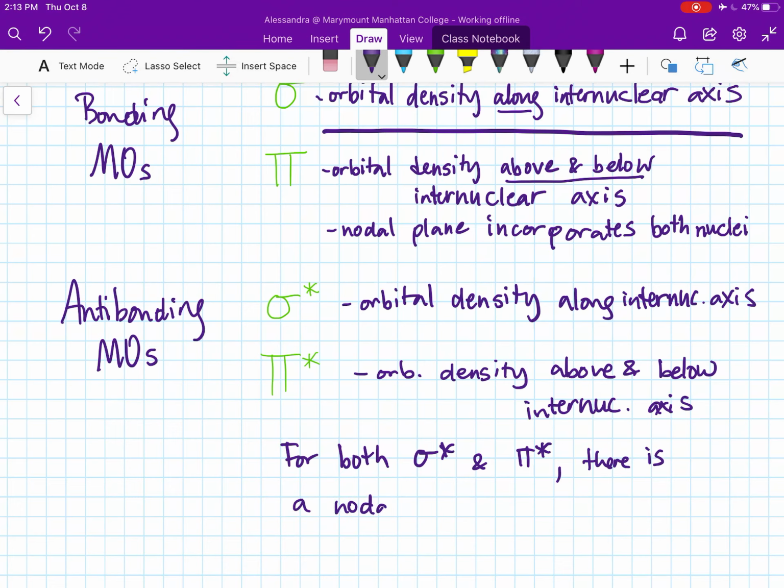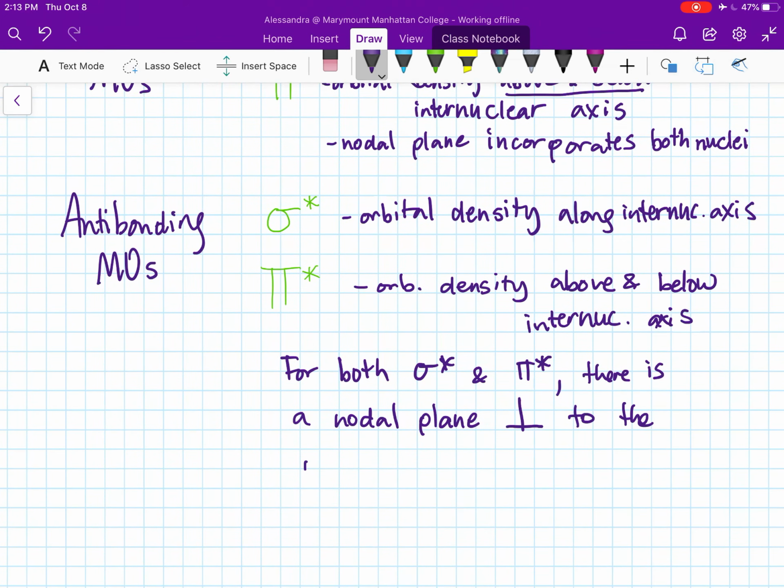So the nodal plane, once again, is a region of 0 electron density perpendicular to the internuclear axis between the nuclei. All right, maybe that will make more sense when I make some drawings.